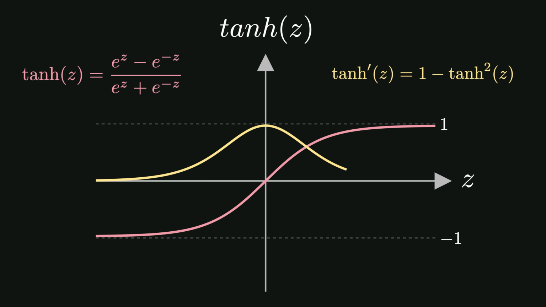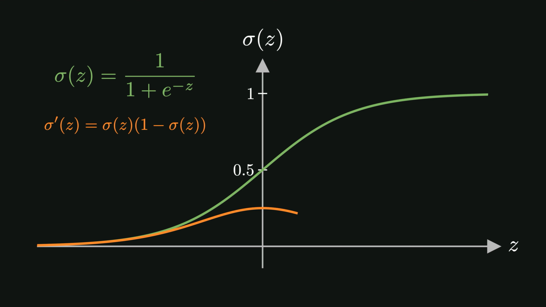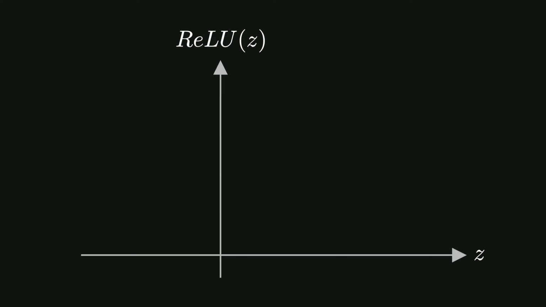The derivatives will also become very small when the outputs are near -1 or +1, causing the gradients to vanish as they backpropagate through the layers. And in the case of sigmoid, most activation values will move to the extreme range, 0 and 1, and their derivatives will also become extremely small when the outputs are near 0 or 1, which again leads to the vanishing gradient problem.